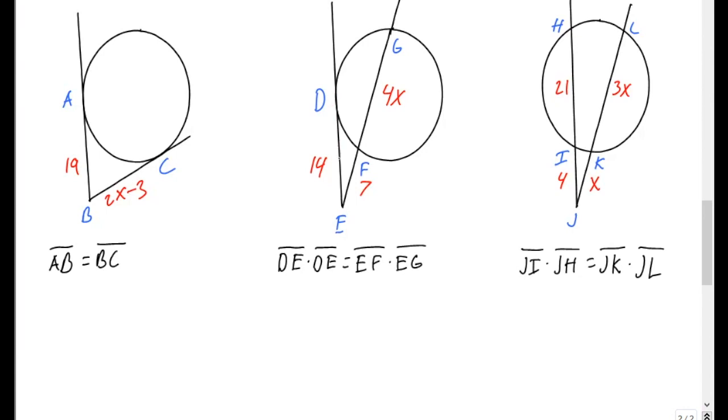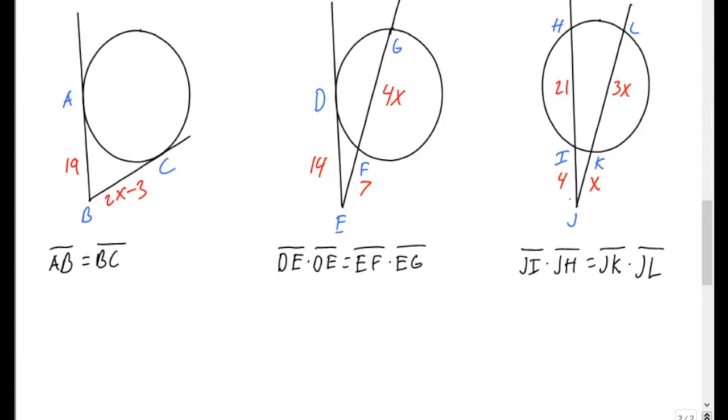If you take the length of the tangent and square it, or multiply it by itself, that's going to be equal to the length of the first part of the secant multiplied by the entire length of the secant from the point to the edge of the circle. And then the third one, 2 secants.